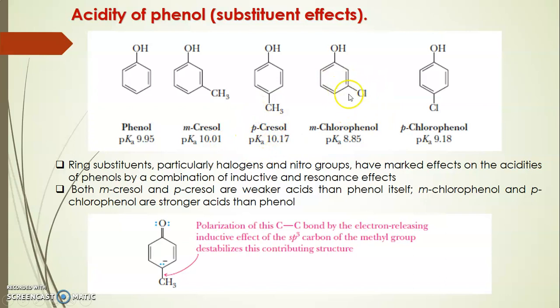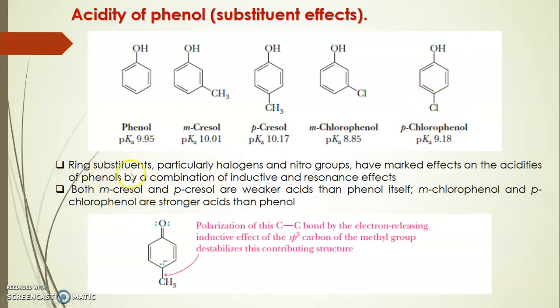But at the same time, if you have a chloro substituent at the meta position, the pKa value of phenol gets decreased, and if you have a chloro substituent at the para position, the pKa value also gets decreased.